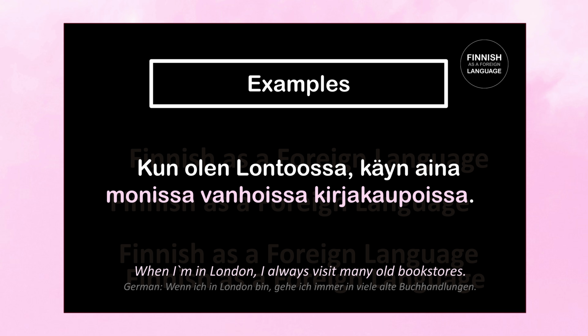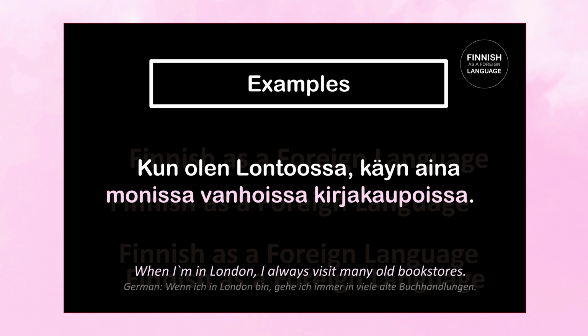Next one. Kun olen Lontoossa, käyn aina monissa vanhoissa kirjakaupoissa. Means when I'm in London, I always visit many old bookstores. So let's go step by step. Kun means when. Olen means I am. It's the first person singular present tense of the verb olla, which means to be. Lontoossa means in London, inessive case. Käyn is the first person singular present tense of the verb käydä, which means to visit or to go to a place.